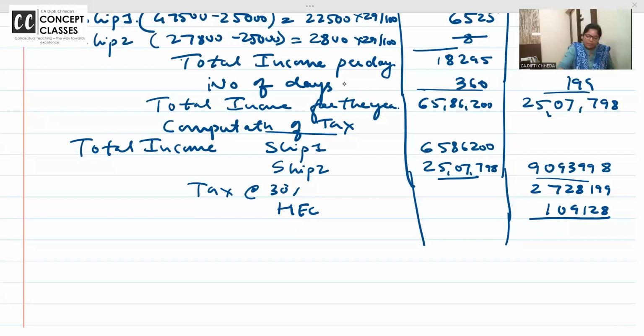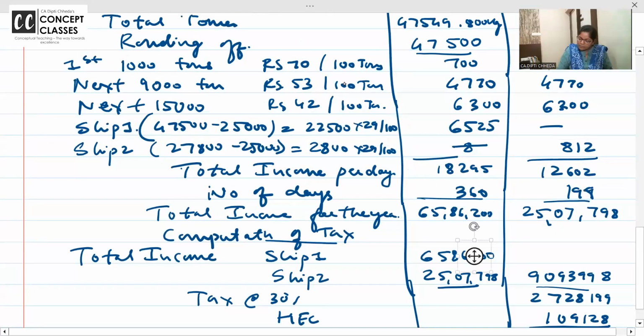Why total income is coming different? I have the final tax answer only with me. Are you all doing the calculation? Kusumpriya, you also give the answer.